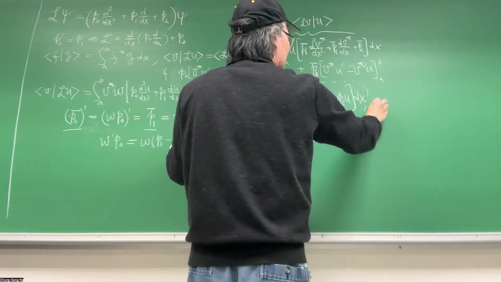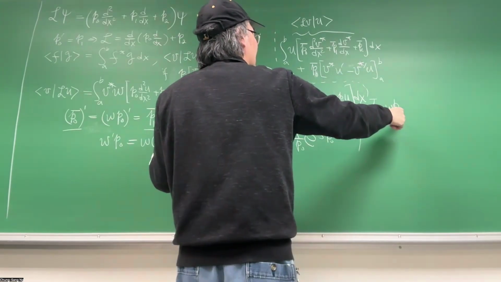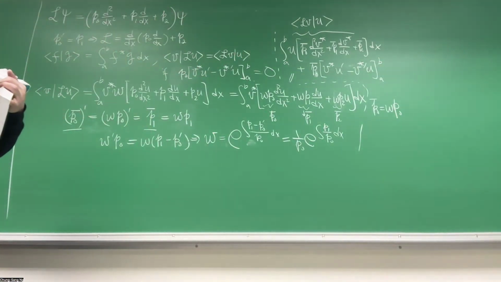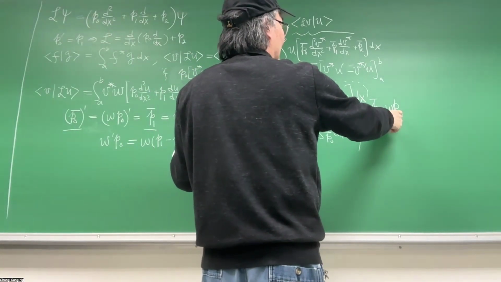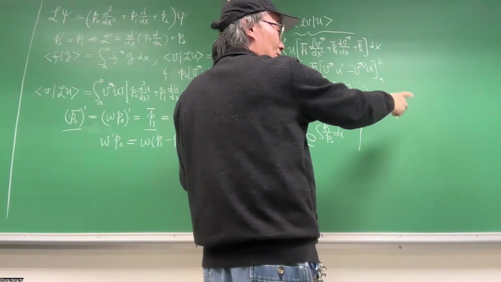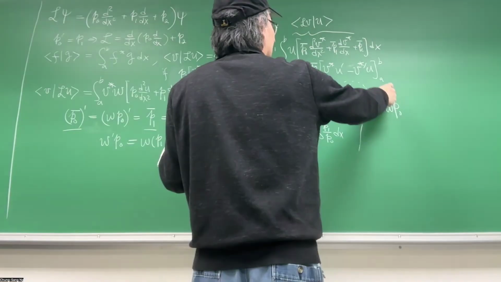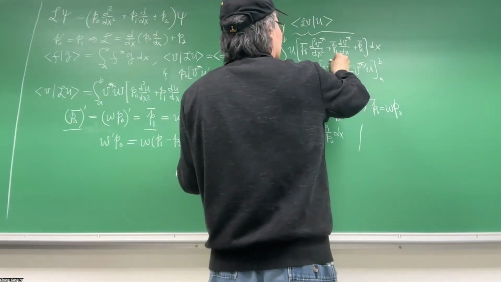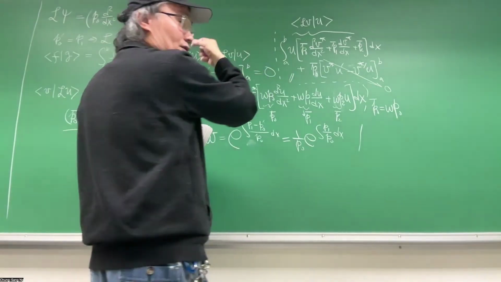The P0 bar is W times P0. So now it becomes P0 times W is zero at A and B. So there are three possibilities. And it's the combination. Sometimes maybe P sub 0 is non-zero, but multiplied by W becomes zero, or vice versa. As long as the product is zero at A and B, then you have three possibilities to make the boundary term zero, and then you have the self-adjoint condition.